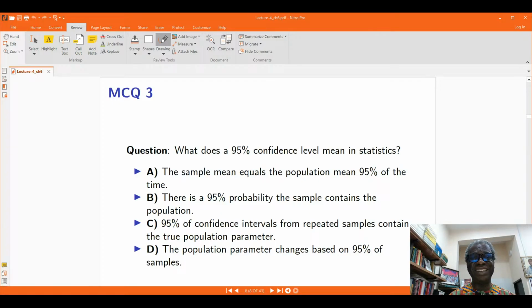B, there is a 95% probability the sample contains the population. C, 95% of confidence intervals from repeated samples contain the true population parameter. D, the population parameter changes based on 95% of samples. What are your options?